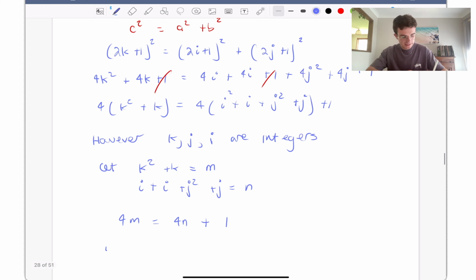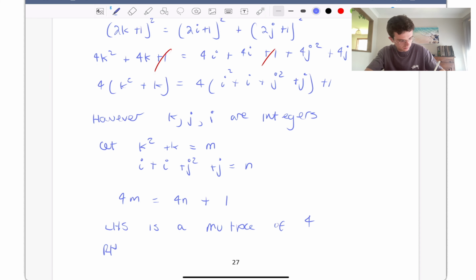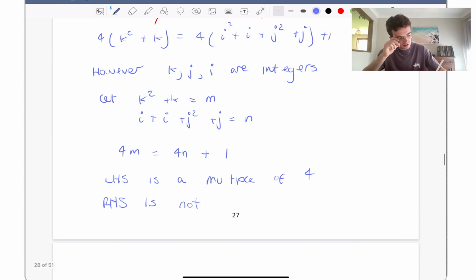So the left-hand side is a multiple of 4, but the right-hand side is not. So they can't be equal to each other. We can't have a multiple of 4 that's equal to a non-multiple of 4. That doesn't make any sense. So, therefore, the statement is false.